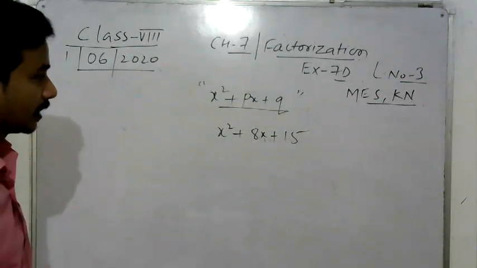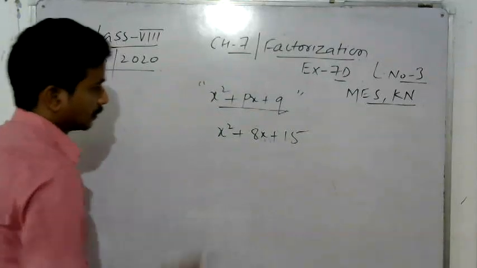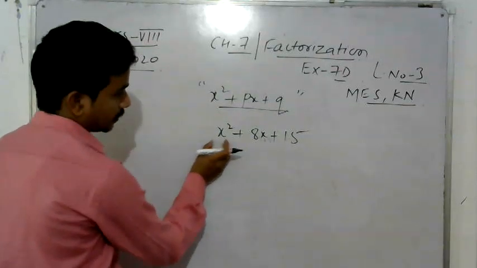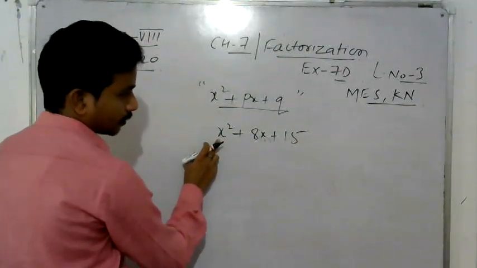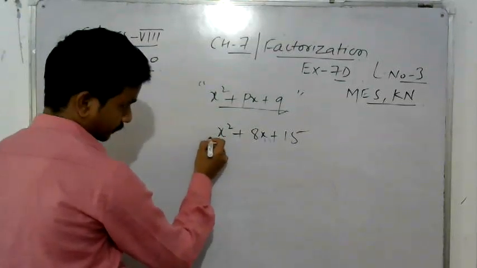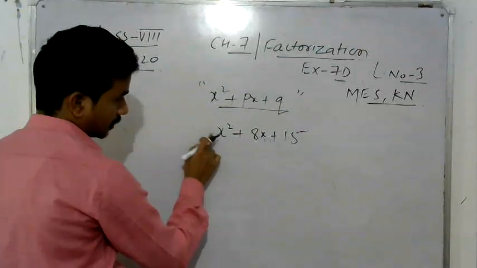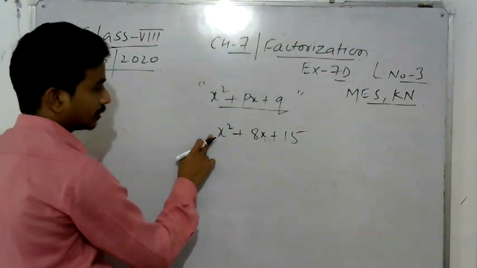First of all, we have to find numbers whose product is... what is the coefficient? We know that if there is nothing multiplied with it, then 1 is there.